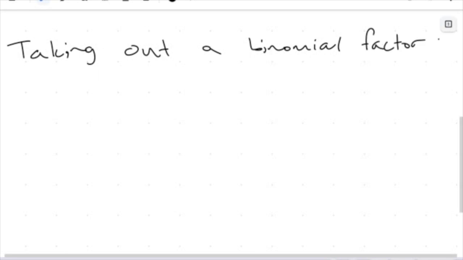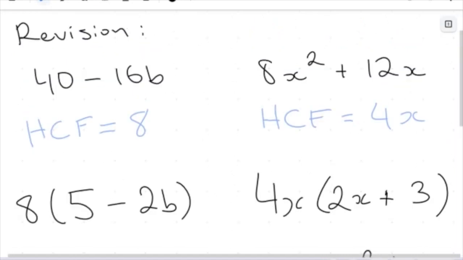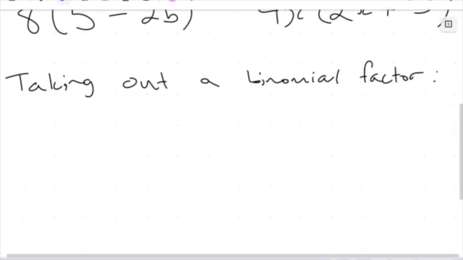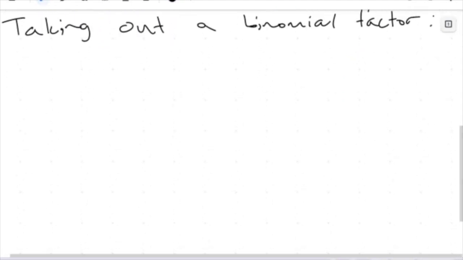So this time, from these terms here, instead of just pulling out one number, one term, one factor, the factor we pull out is going to be a binomial. So it's going to be made up of 2 numbers. So this is going to be a bit weird to visualize probably at first. So let's just jump straight into a question.